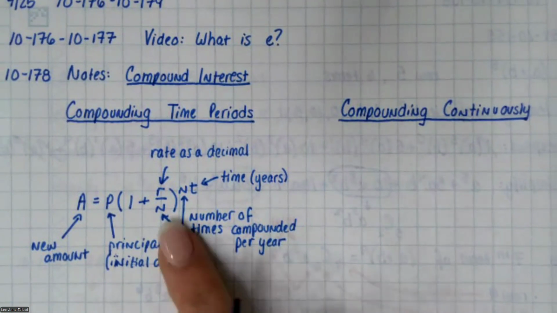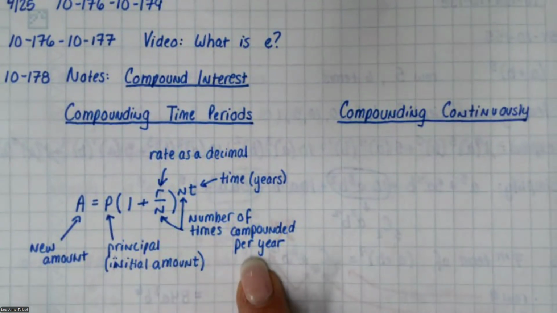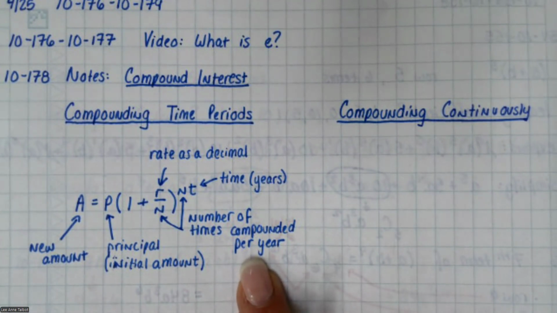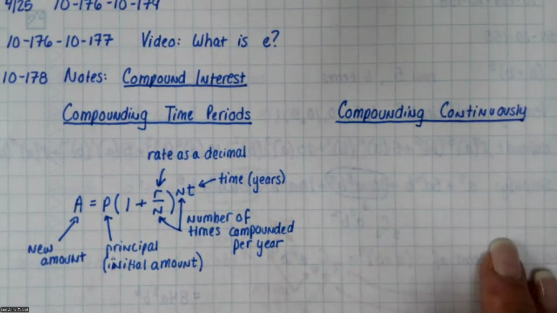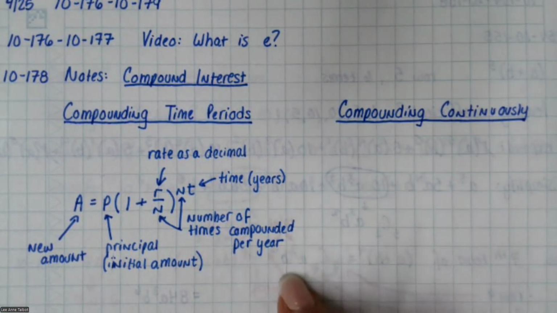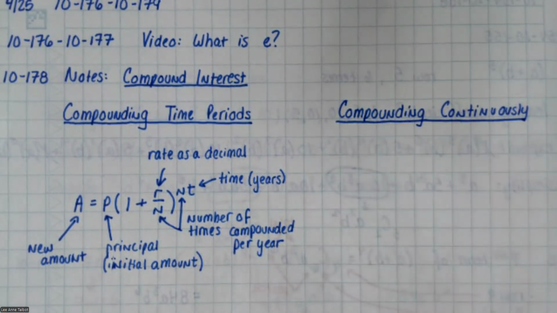N is the number of times compounded per year. So she was doing once a year, twice a year, semi-annual, 4 times a year is quarterly, 12 times a year is monthly. Daily would be 365. Those are your most common ones. And then T is time.